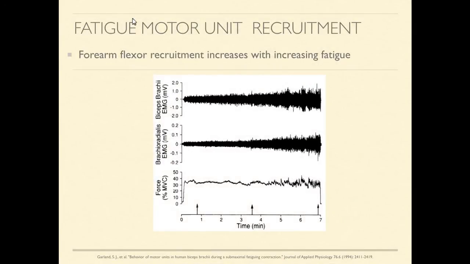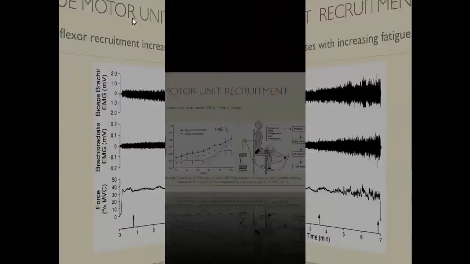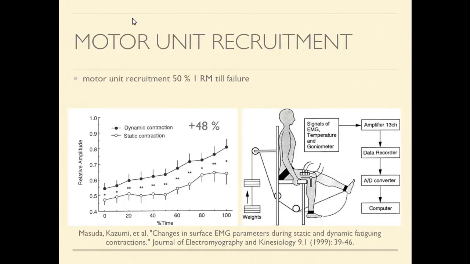Basically, they're doing force output on an elbow flexor bout, and from minute 0 to minute 7 you'll notice that muscle activation is going up, indicating greater motor unit recruitment. Then we look here from the beginning of a set, a dynamic and static contraction, to the end of the set, and you get a 48% increase in muscle fiber recruitment.